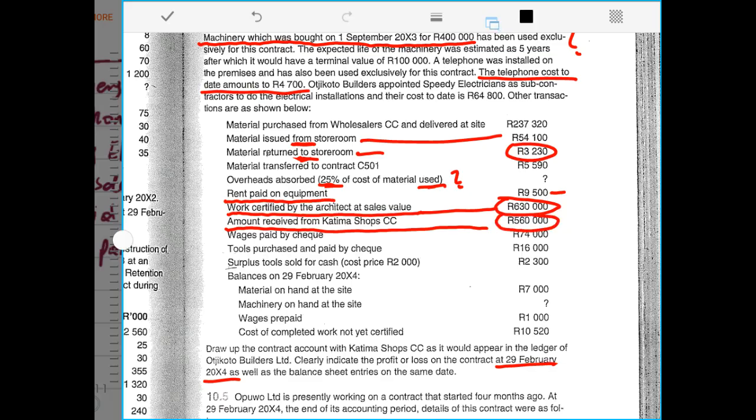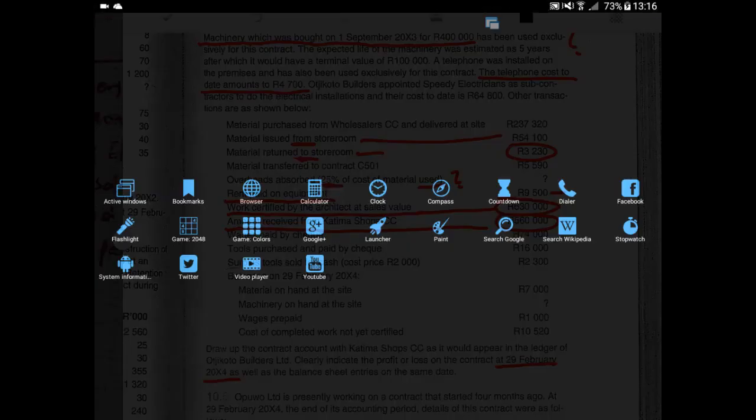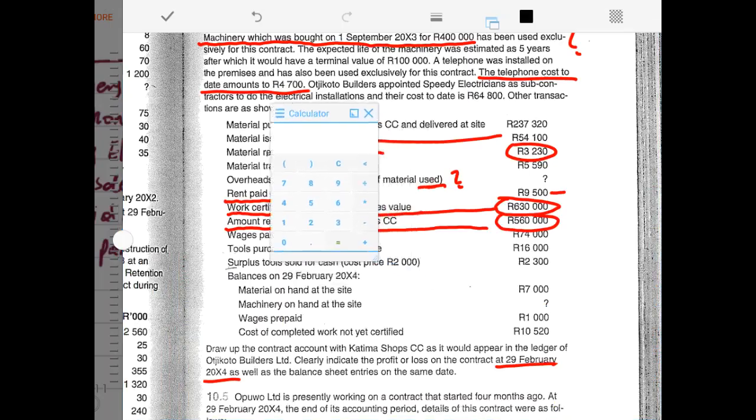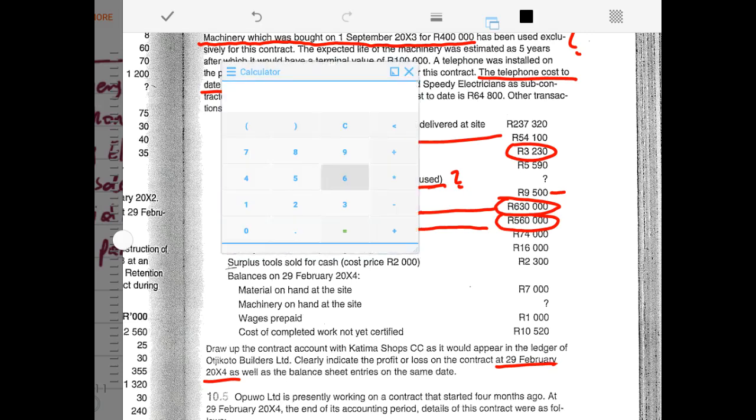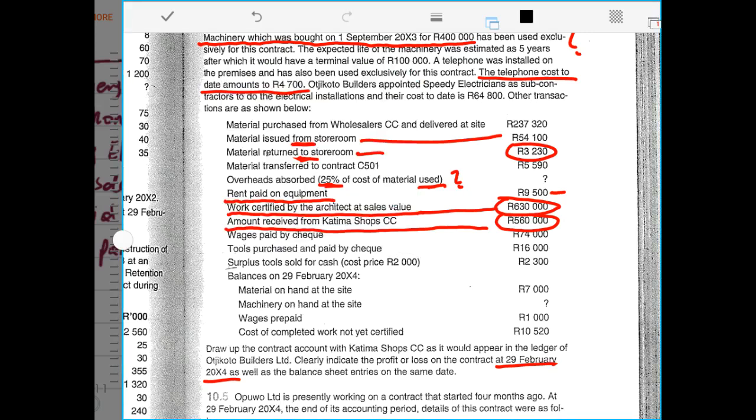So now in this case we received an amount that is less than what we're supposed to receive, meaning that the difference will be the retention amount. We're supposed to receive 630,000 rands, but we only received 560,000 rands. Then it means now 70,000 will be a debtor by the end of this period, which is the 28th of February 2004.